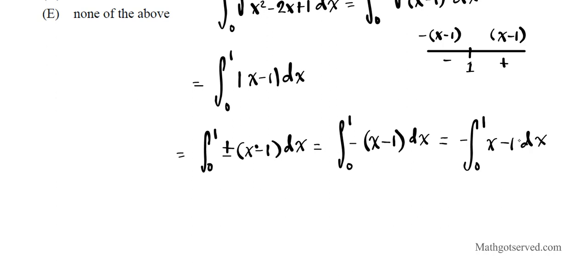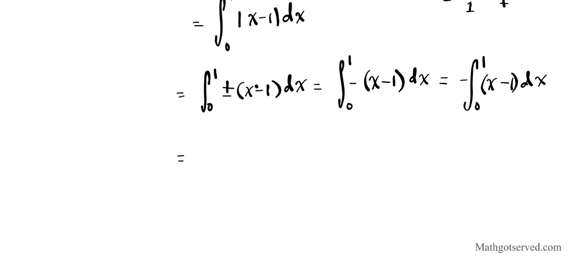Again, do term by term integration here. You can do the x and then the 1 using the power rule for integration. We're going to have the negative of the antiderivative of x, which is simply x squared over 2, and the antiderivative of 1 is simply x. We're evaluating this from 0 to 1.